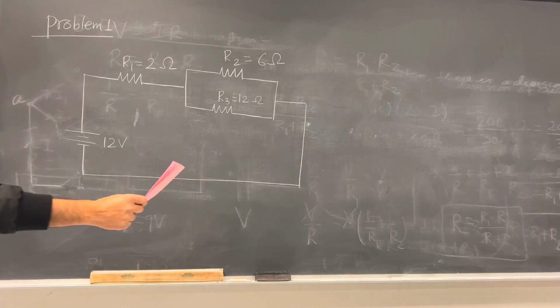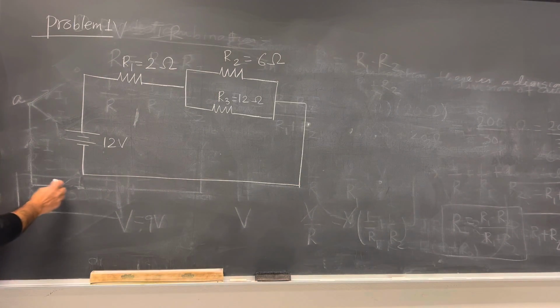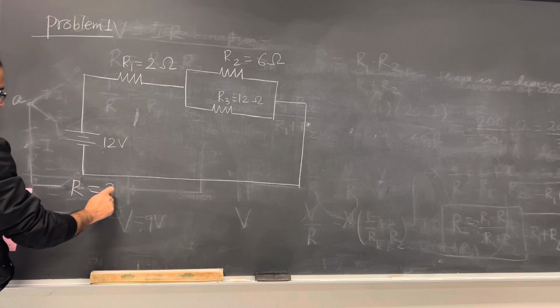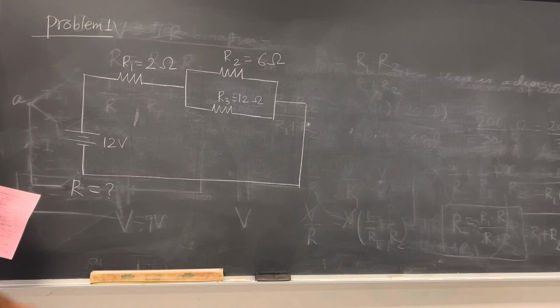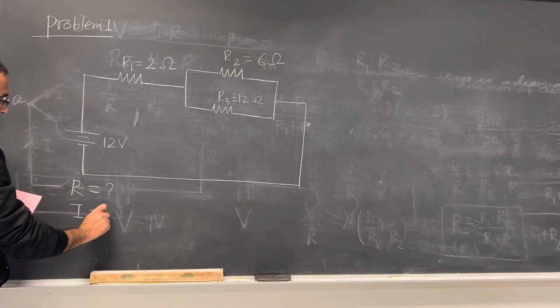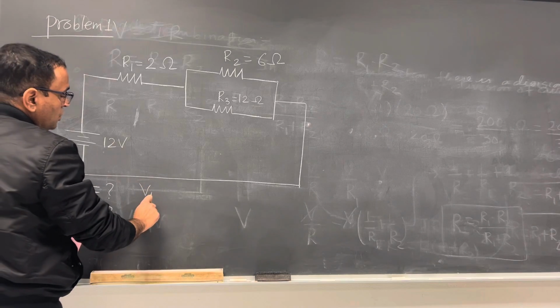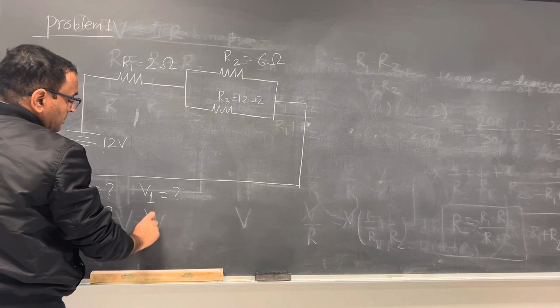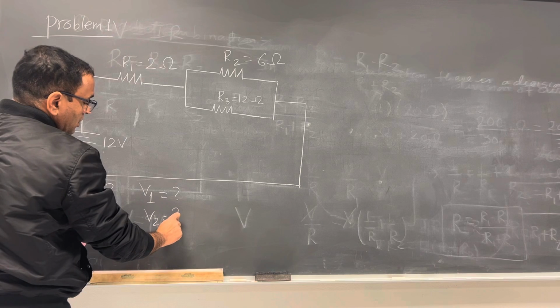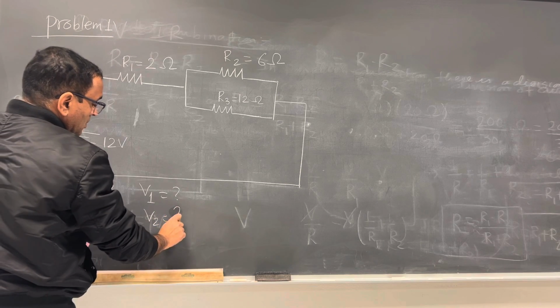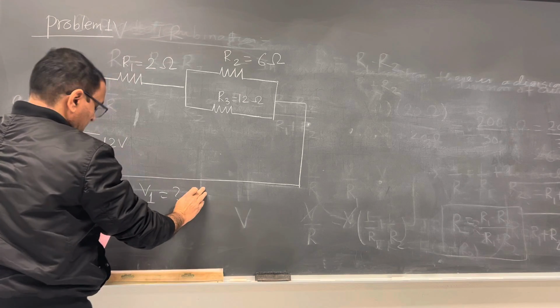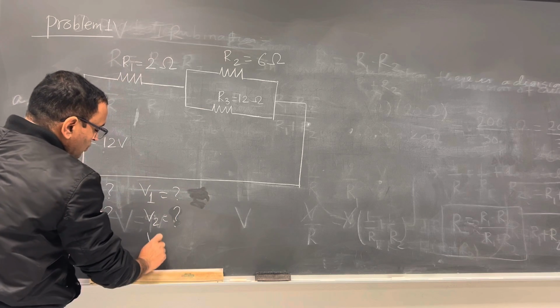Now the question here is, what is the total resistance? What is this? Okay, and we can also calculate what is the total current. We can also calculate what is V1, what is V2, what is V3 also. We have R3 there.